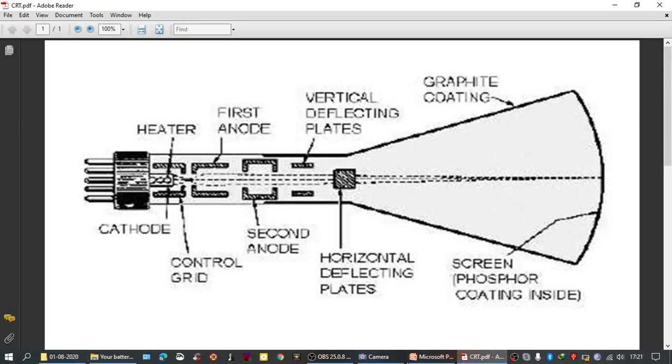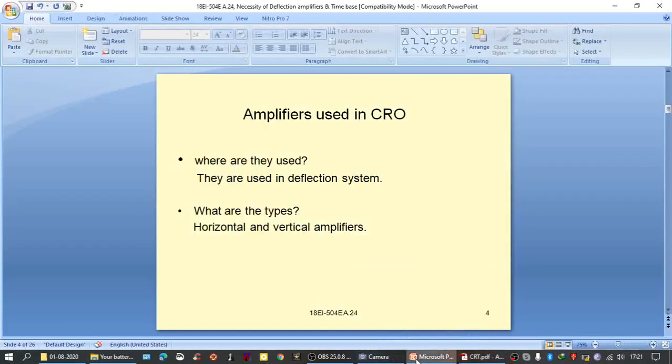Now let us try to study in detail the importance of horizontal and vertical deflection systems. What is the necessity of deflection amplifiers and what is the necessity of the time base?